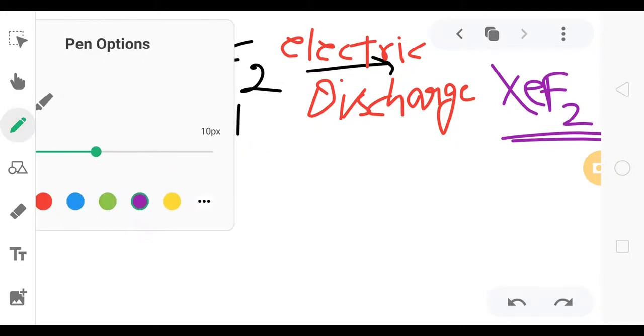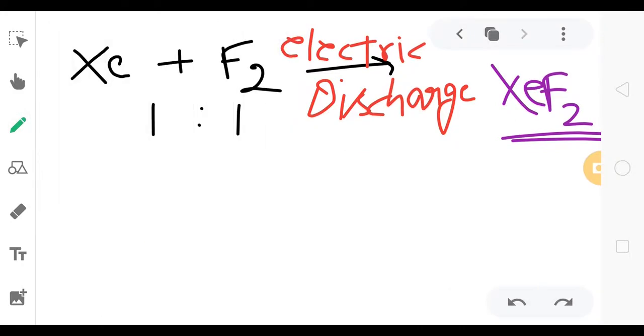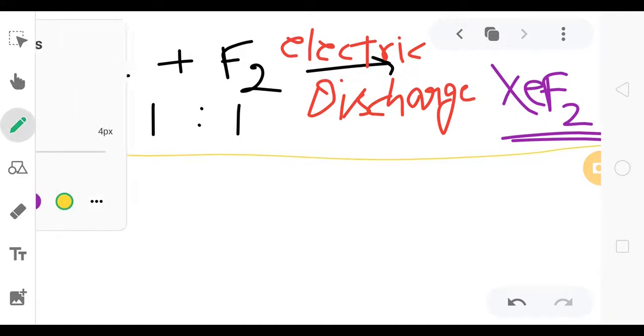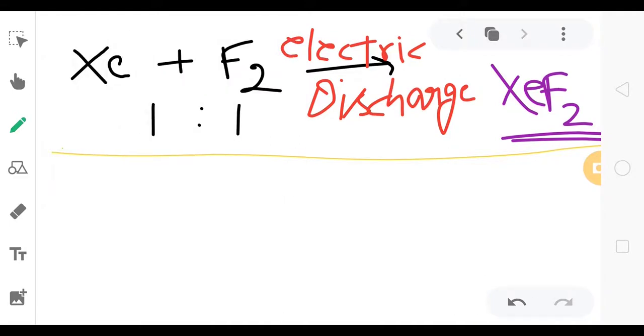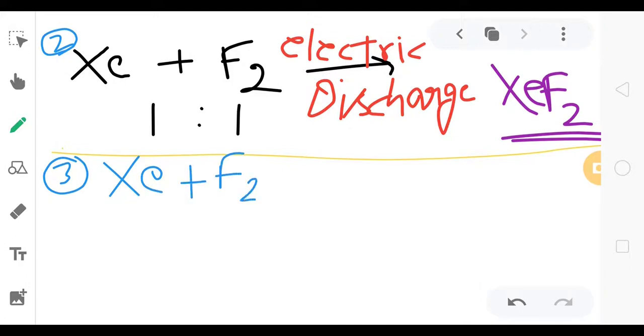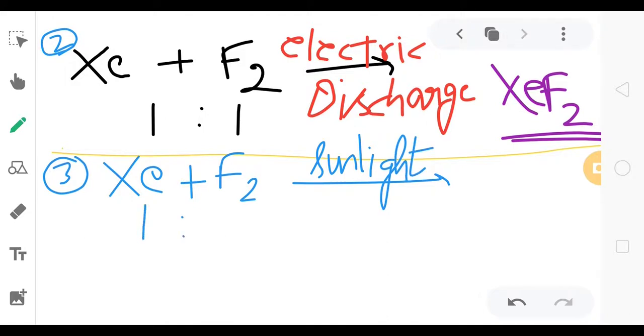Now the third reaction, this was the second, now this is the third. The third reaction is, you will be having the same xenon and fluorine, and now you are carrying out the reaction in sunlight. In sunlight this reaction occurs, and in exactly the same composition, 1:2, you will be getting the same compound, XeF2.